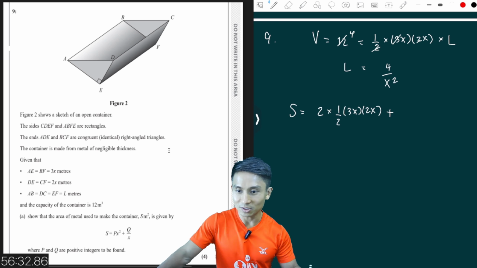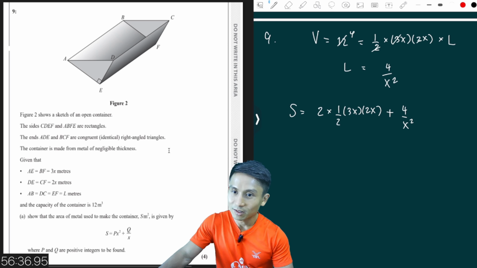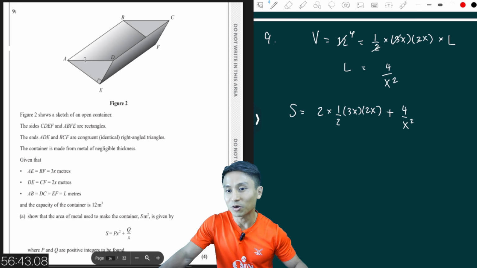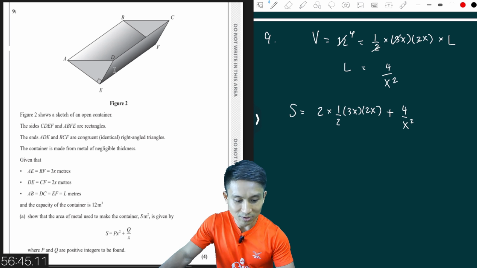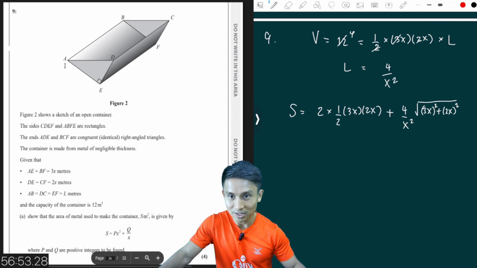AB is just L, which is 4 over x squared. That's AB, times BC, which is AD. AD is a hypotenuse, so we need to do Pythagoras there. So this is the square root of 3x squared plus 2x squared. That's AD. So AB times AD, that's the front face maybe.